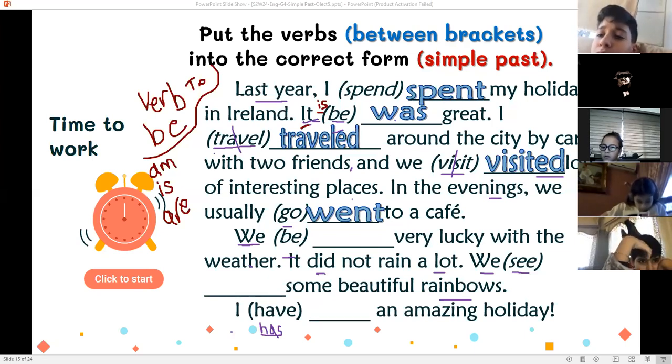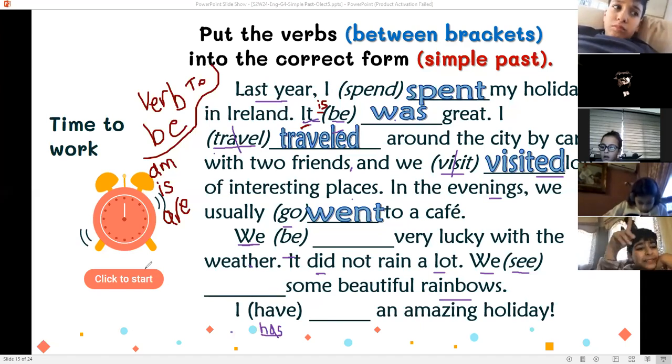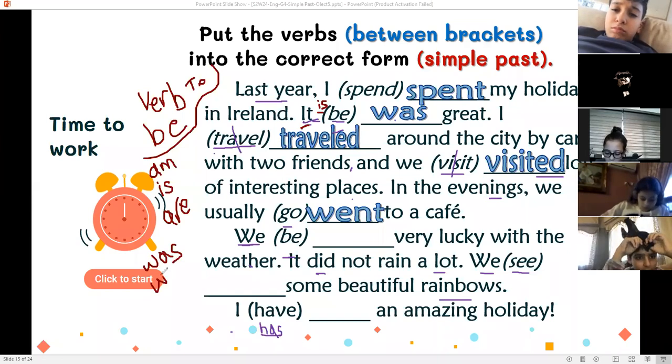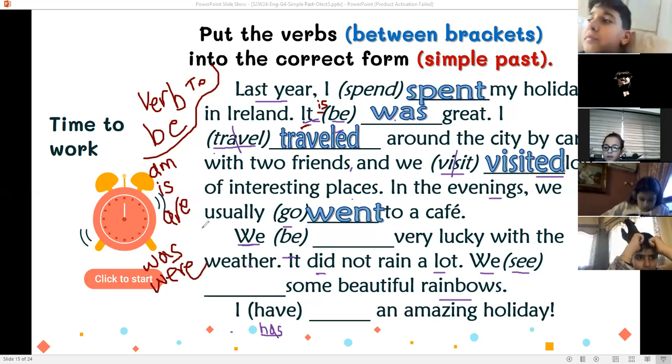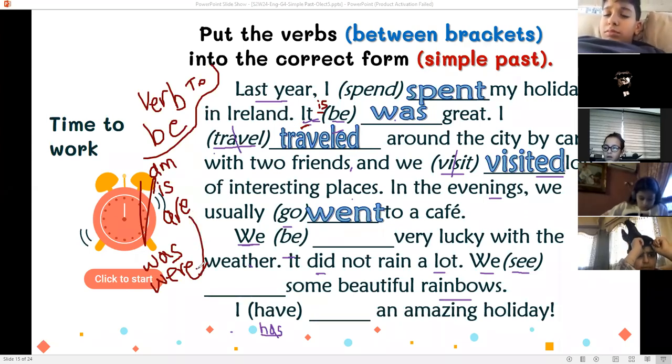We was very lucky with the weather. Okay, Rawad, it's okay. The verb to be in the past, we use was and were. We use was for am and is, and the past of are is were.